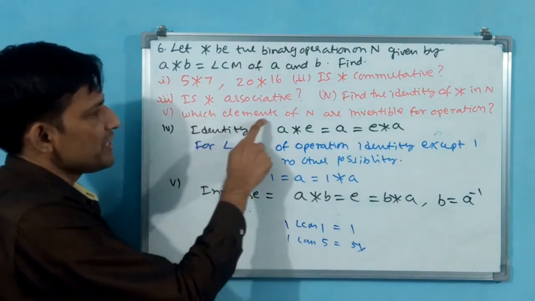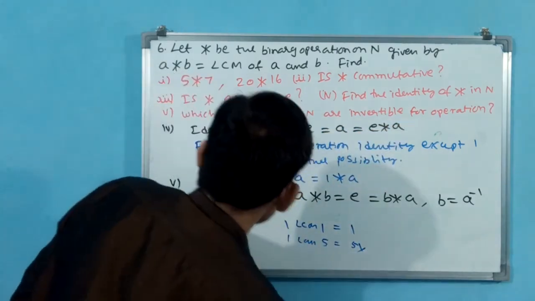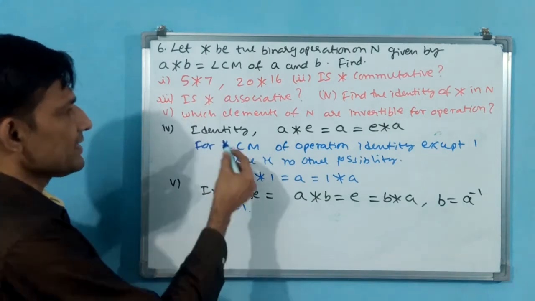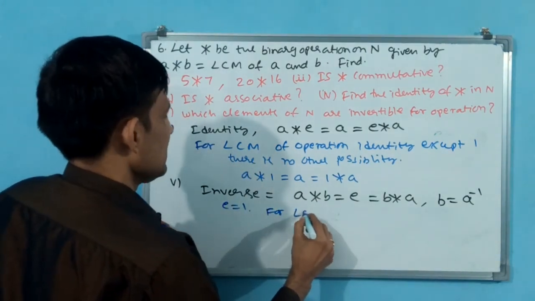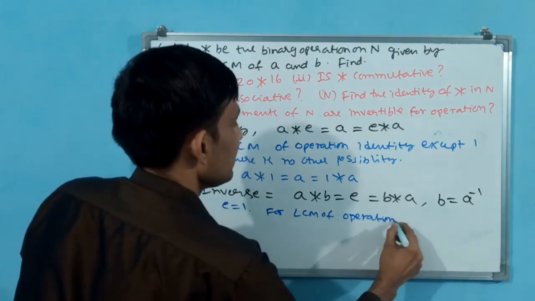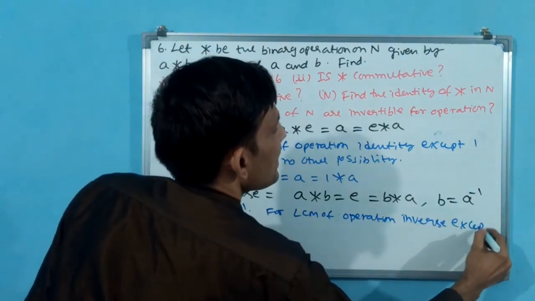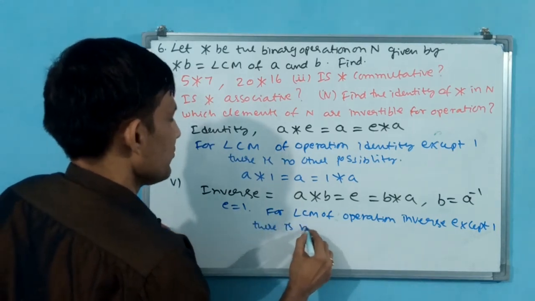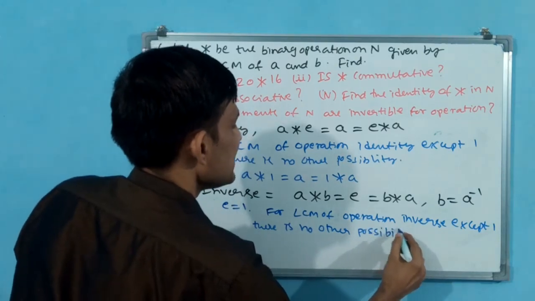What is the question? Which elements of N are invertible for the operation? Then you write again like this only. For the LCM operation, inverse except 1, there is no other possibility.